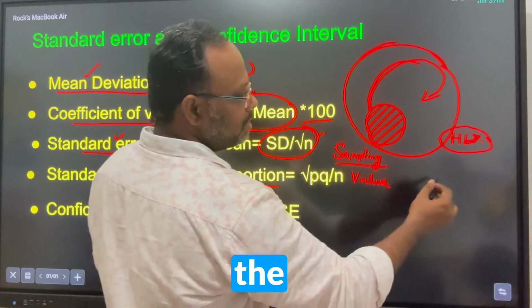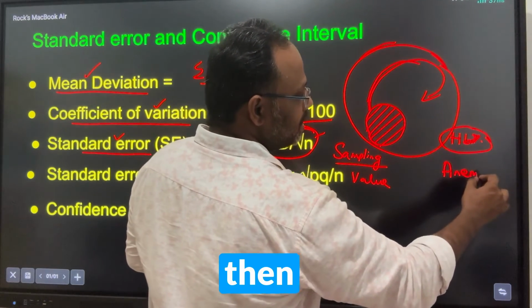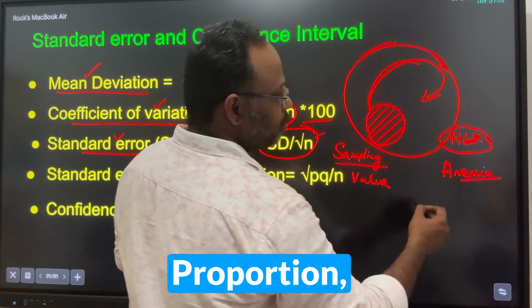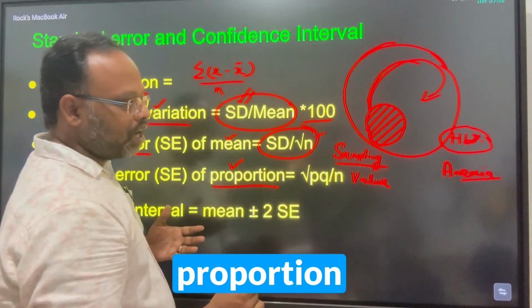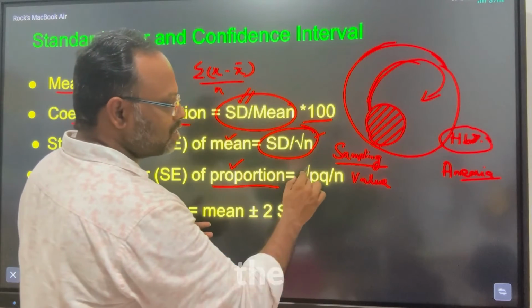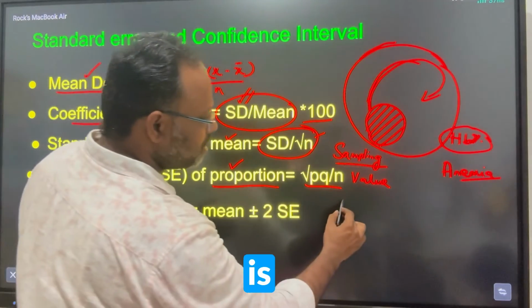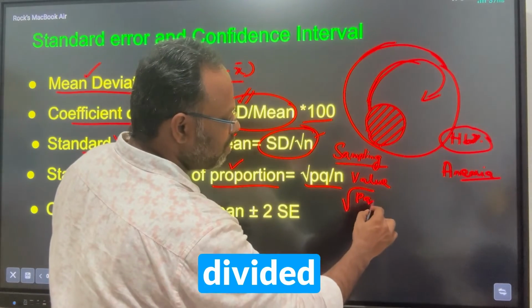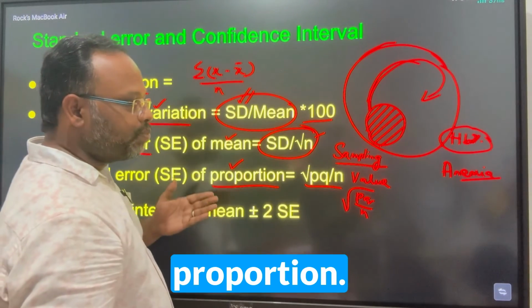When we are calculating the prevalence of anemia or proportion of anemia, then that is a proportion or category. So there we use the term proportion or prevalence. In that case, the formula will be root of PQ divided by n. So root of PQ divided by n will be the formula for standard error of proportion.